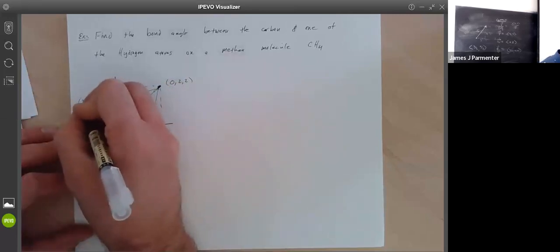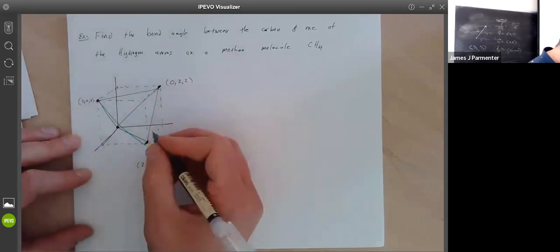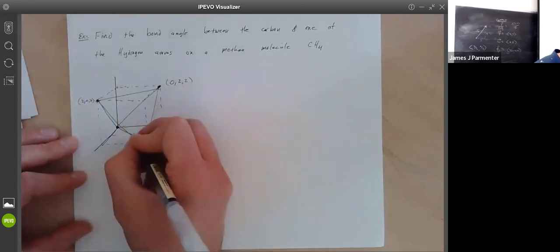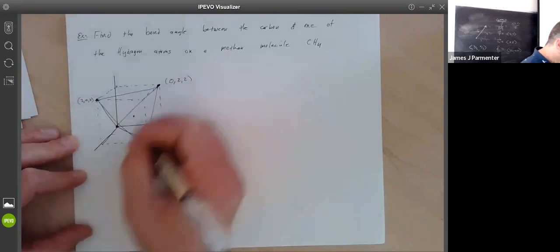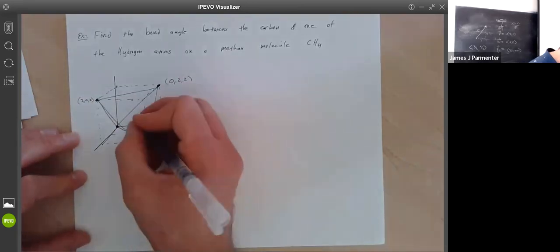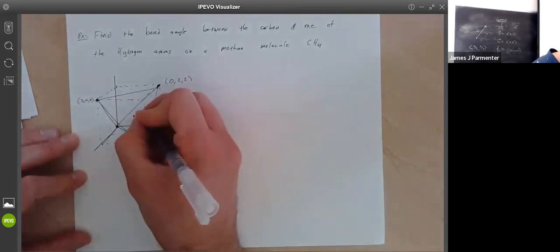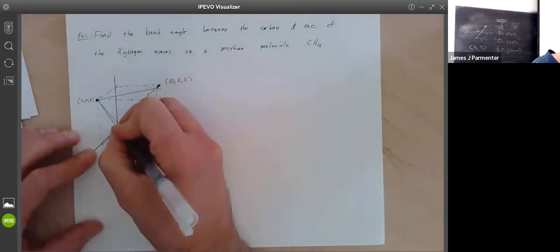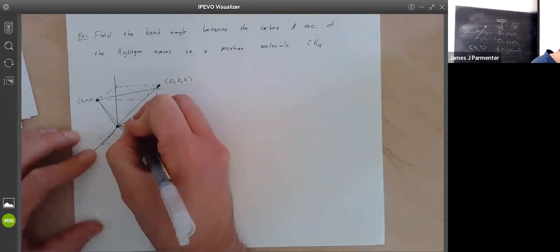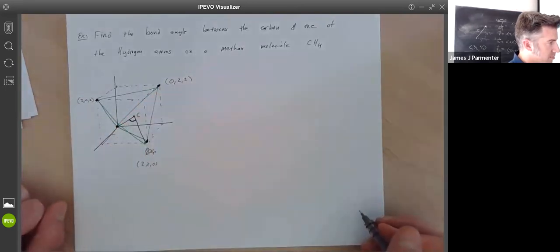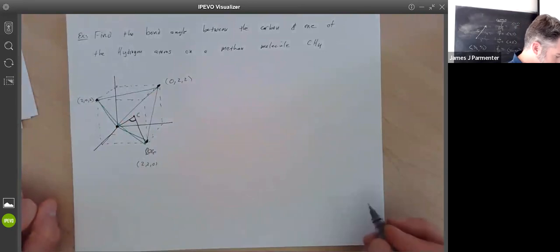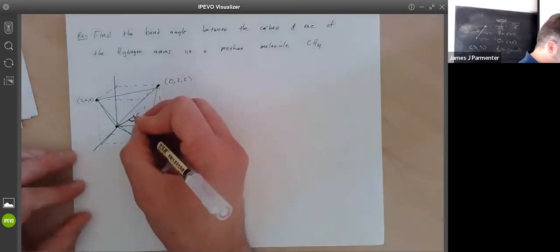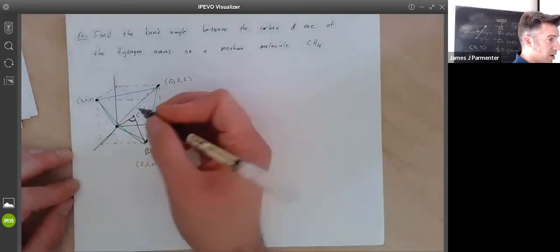This is the point 2, 0, 2. These are all the hydrogen atoms. And the point in the middle right here is my carbon, and I'm trying to find the angle right there. That point in the middle of my cube is the point 1, 1, 1.